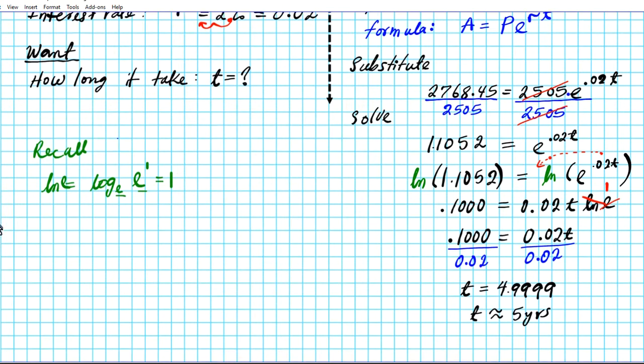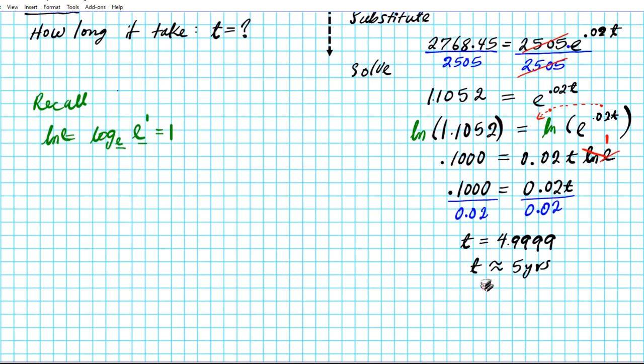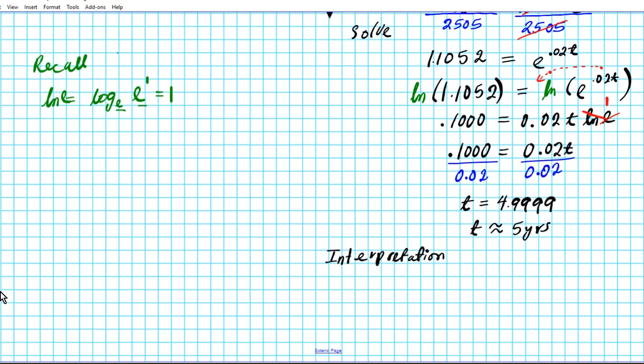So that's the answer. Let's go ahead and write down what this answer means. Let's write down the interpretation of this result in the context of the problem we just did.